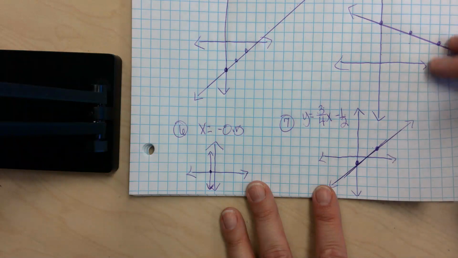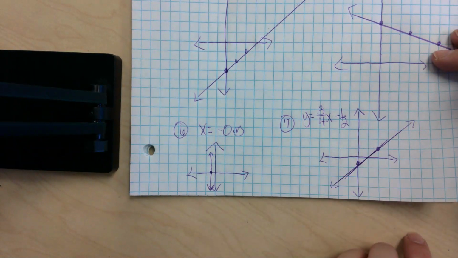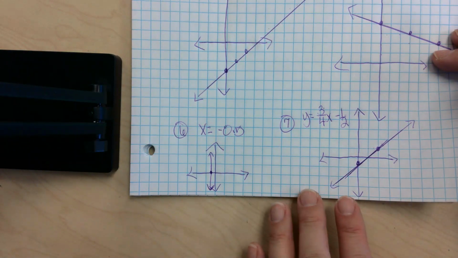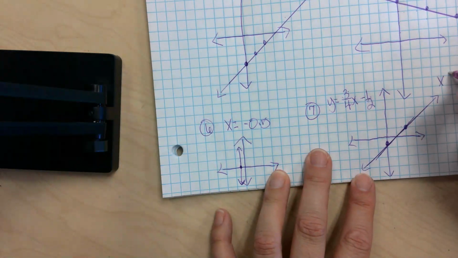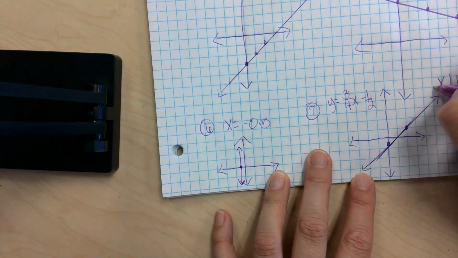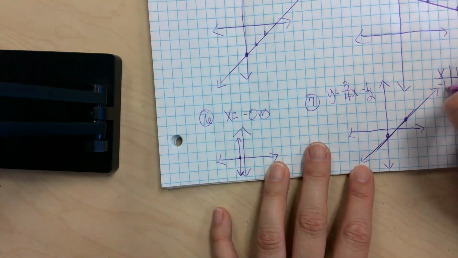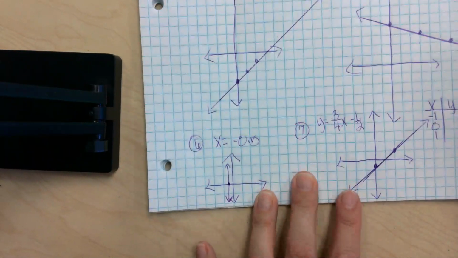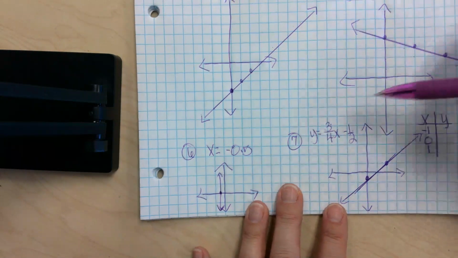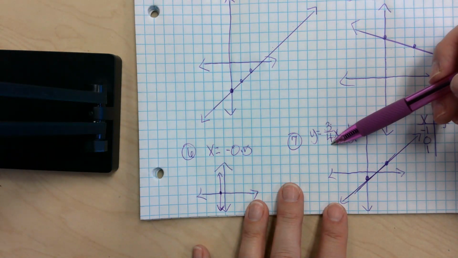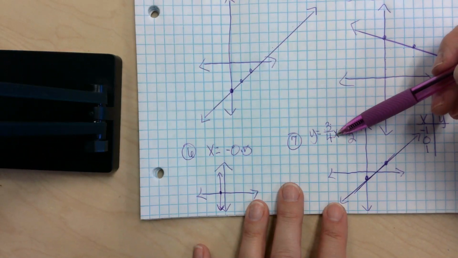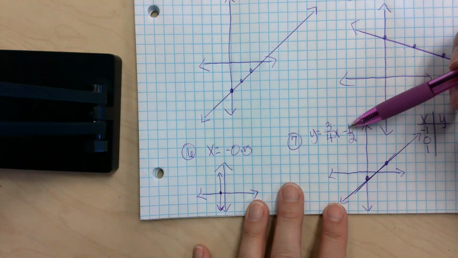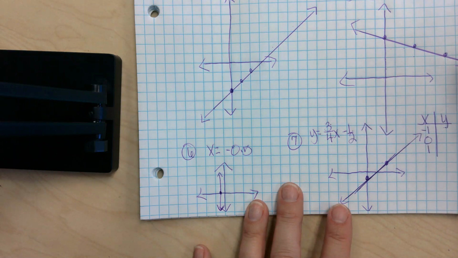Okay. Okay, so X and Y. And we've decided -1, 0, and 1 are the easiest ones, right? So 3/4 times -1 would be -3/4 plus 1/2, right?